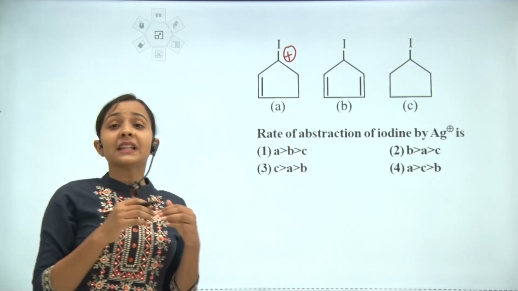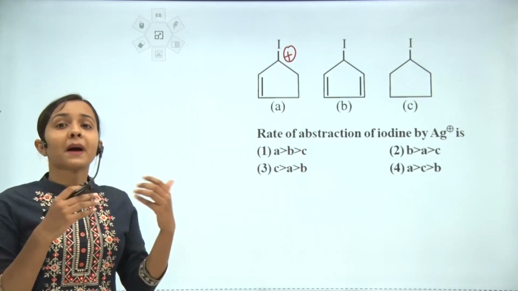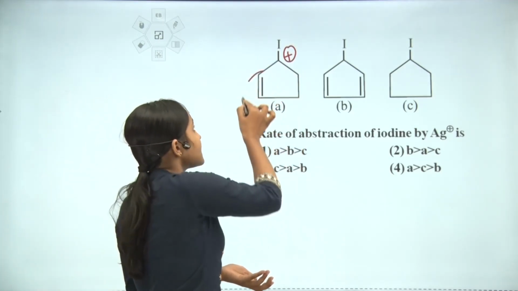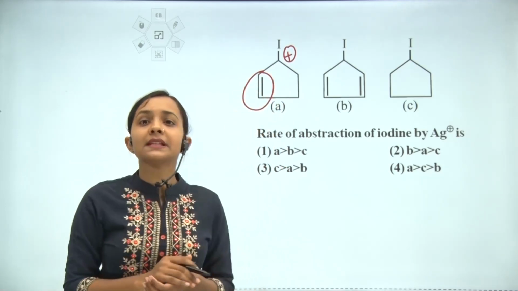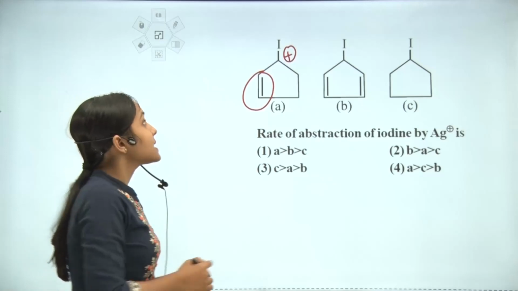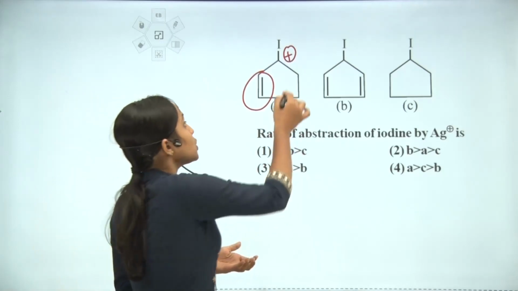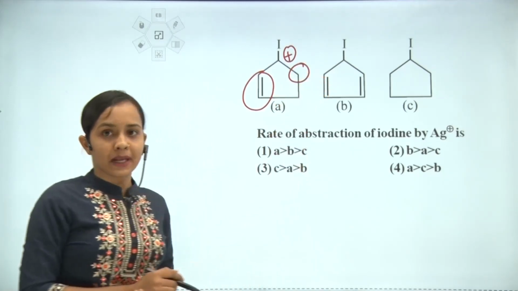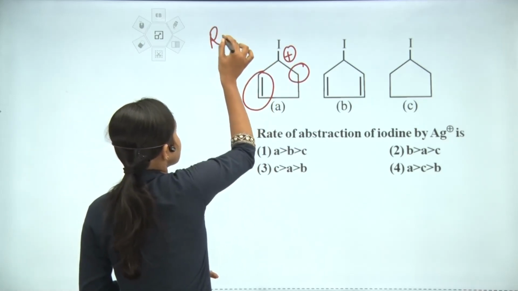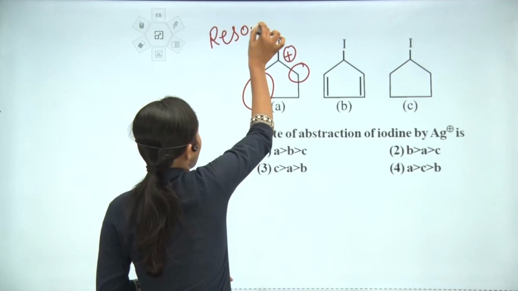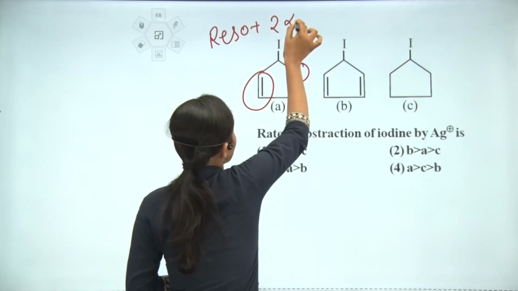Clear? And this carbocation will participate in resonance with this pi bond, because the carbocation is in conjugation with this pi bond, right? And it will get stabilized by the 2 alpha hydrogens of this carbon atom, right? So this carbocation will get stability by resonance and 2 alpha hydrogens.